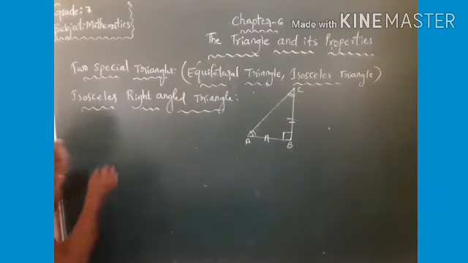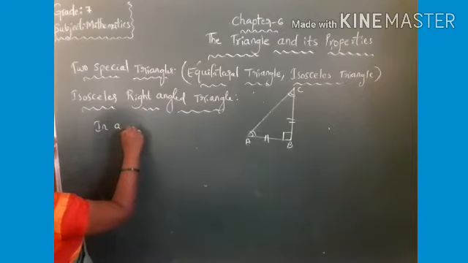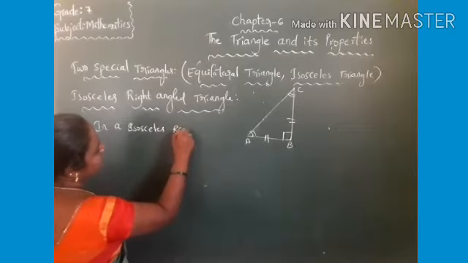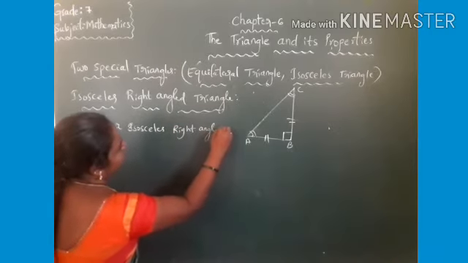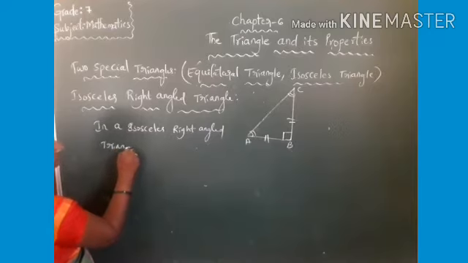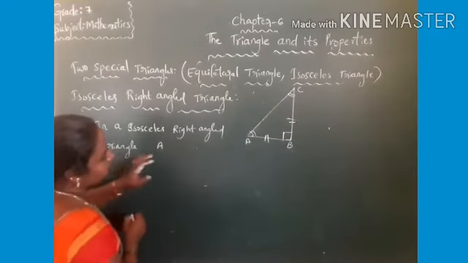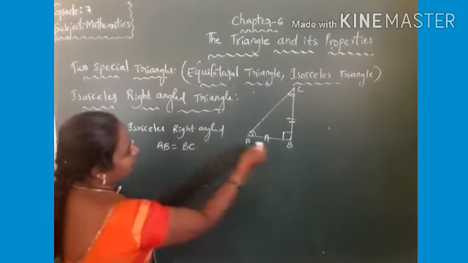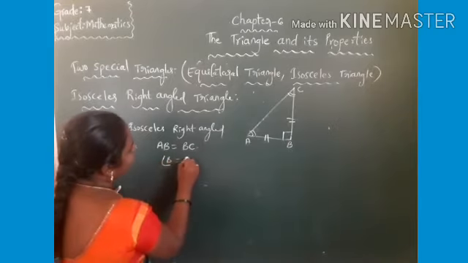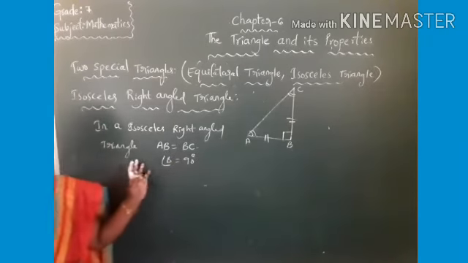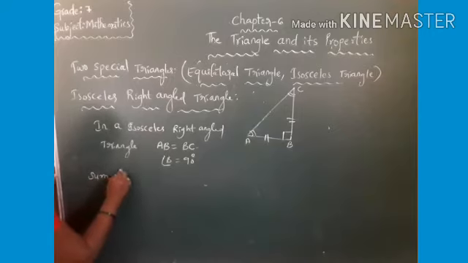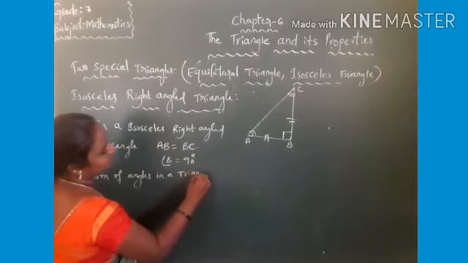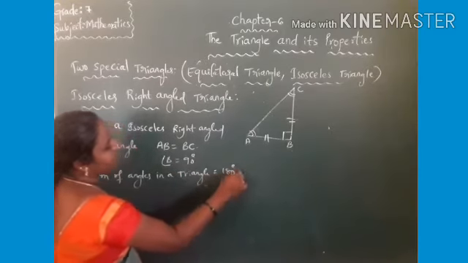So if you observe here, in an isosceles right angle triangle, AB is equal to BC. Angle B is equal to 90 degrees. We know that the sum of angles in a triangle is 180 degrees.